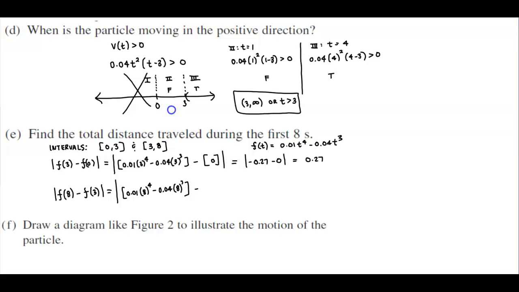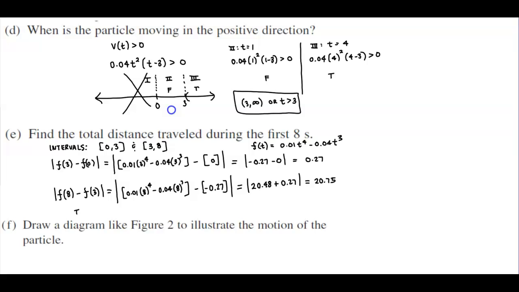And we found out that f of 3 was equal to negative 0.27. So therefore, that becomes 20.48 plus 0.27, and that is equal to 20.75.